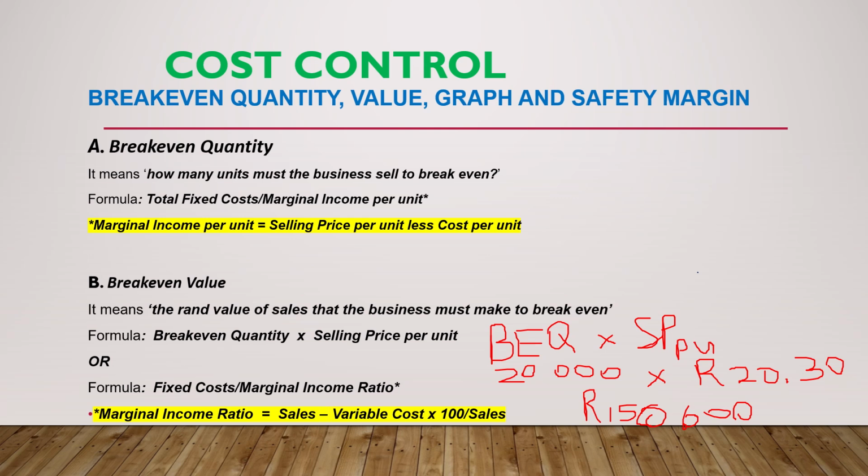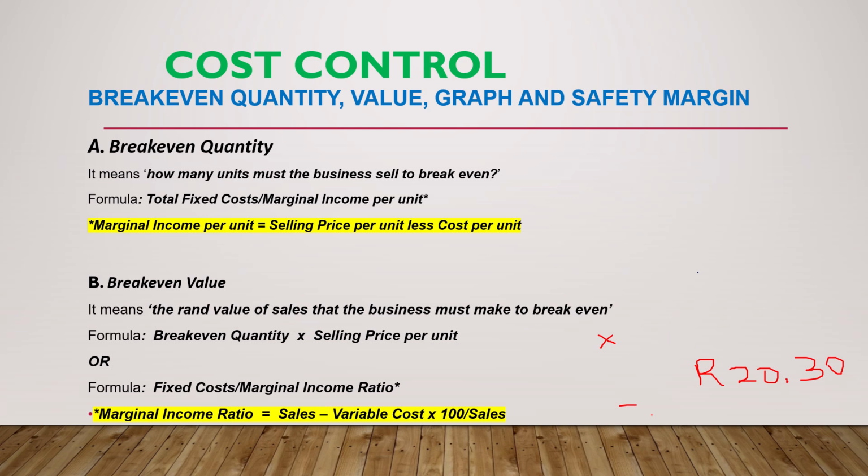Another formula. There are two formulas there to calculate, because it will depend on the information given to you in the question paper. Which information do you have? Sometimes you don't have some of this information, but you have the other, so you need to use the formula that fits.